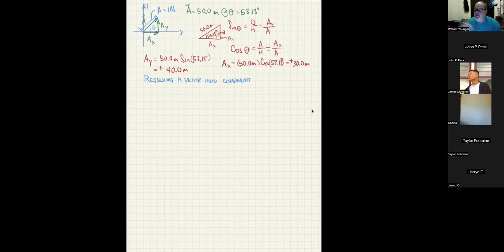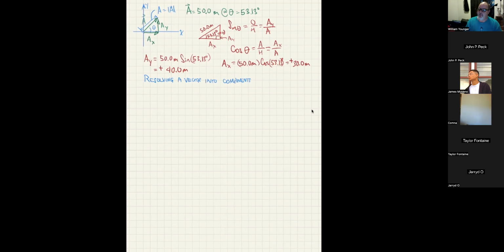In general, you can't just add two vectors. If I had a vector A that is 50 meters at 53.13 degrees, and another vector B that's 40 meters at 90 degrees, I can't just go 50 plus 40, right? But you can break each vector up into an X part, a Y part, and a Z part.